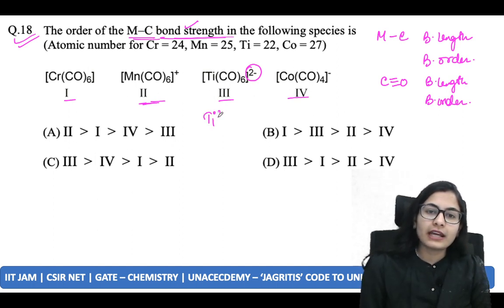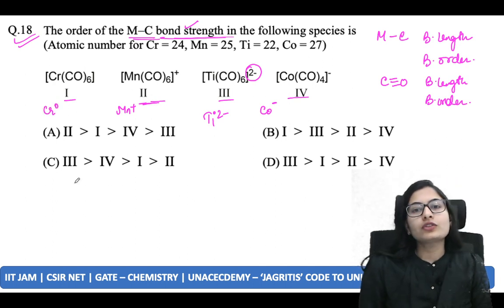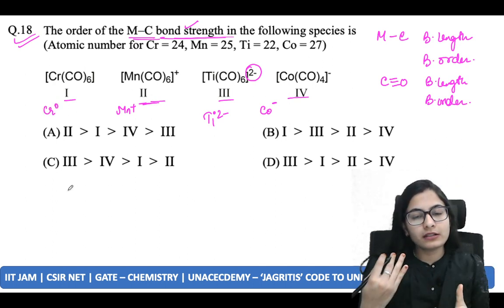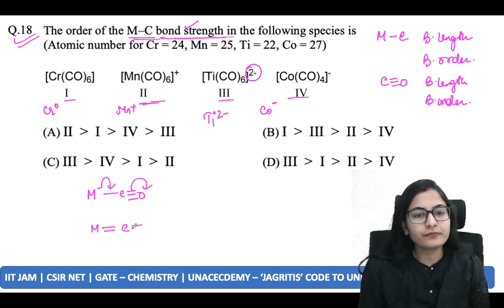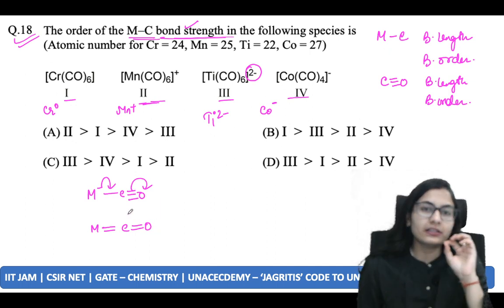It is titanium 2 minus, here it is cobalt minus, manganese positive, and here it is chromium 0. So when you are having an excess charge on the metal, you know that the excess charge is going to do pi back bonding like this, and you are being asked the strength of the metal carbon bond.